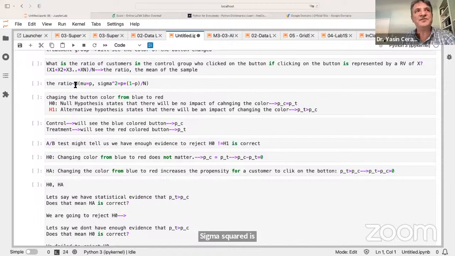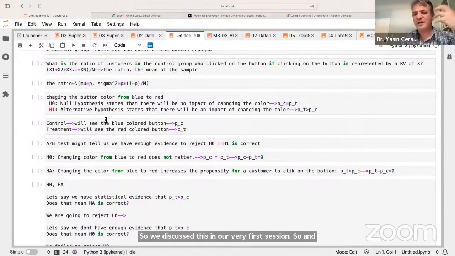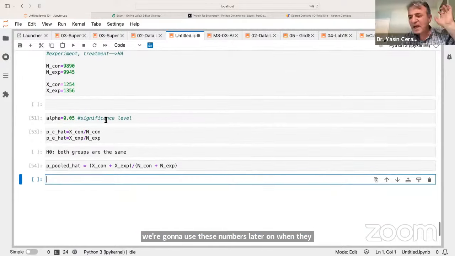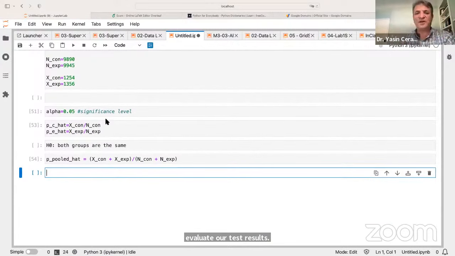So the ratio is normally distributed with mu equals p, and sigma squared is p times 1 minus p divided by n. We discussed this in our very first session, and I said we are discussing it because we're going to use these numbers later when we evaluate our test results. That's why I spent time on it back then, so that we have a good understanding of it.